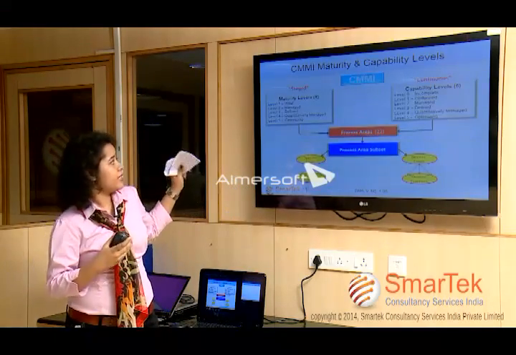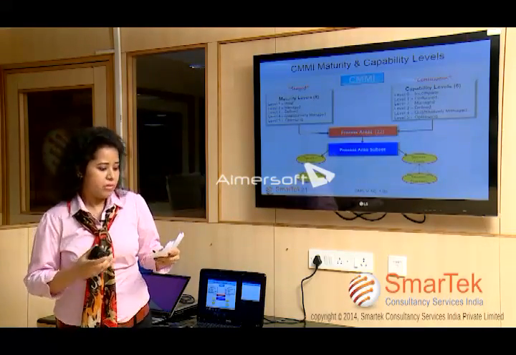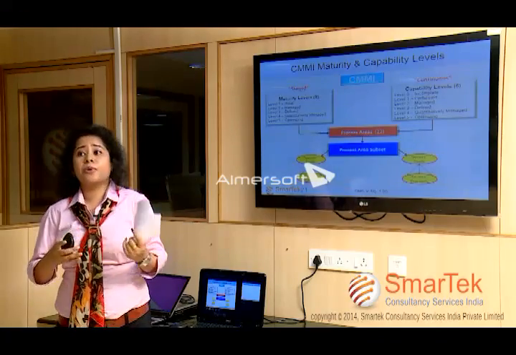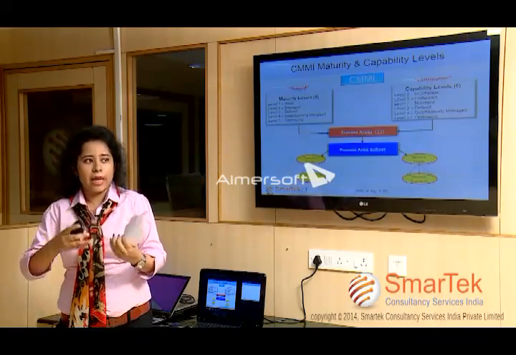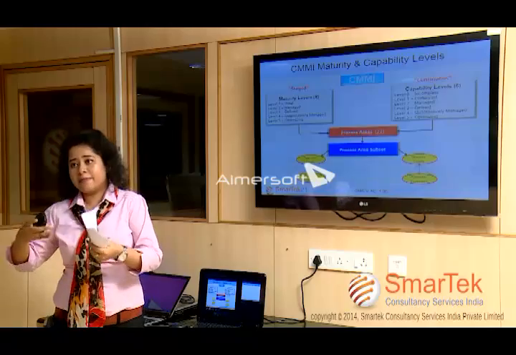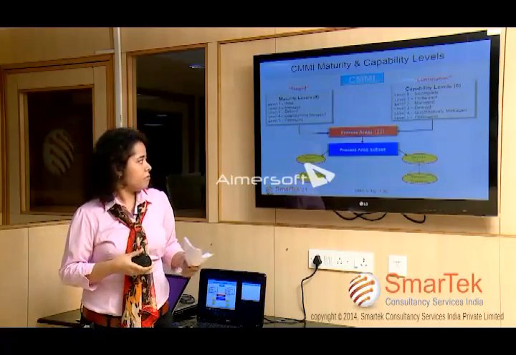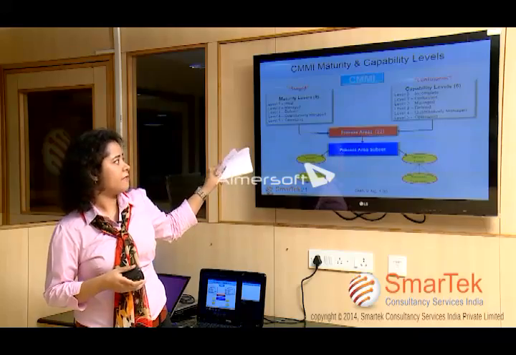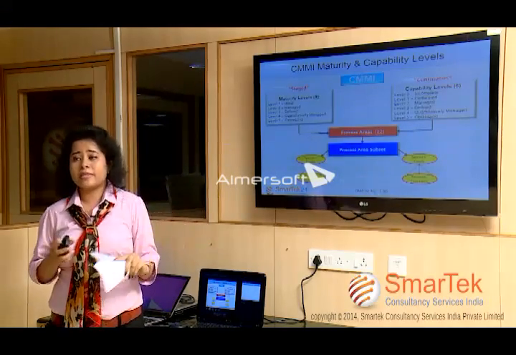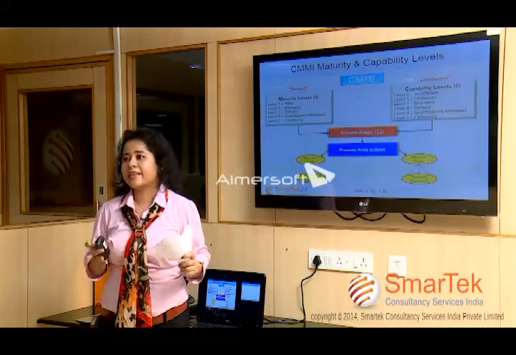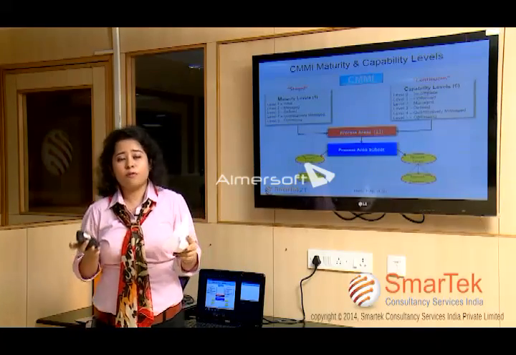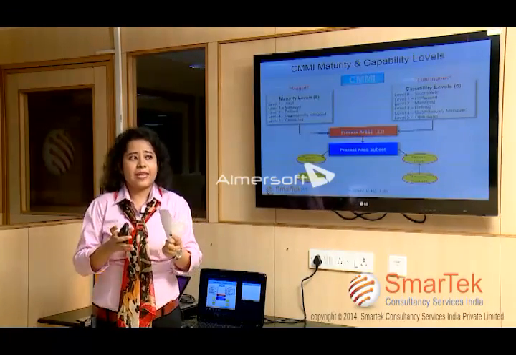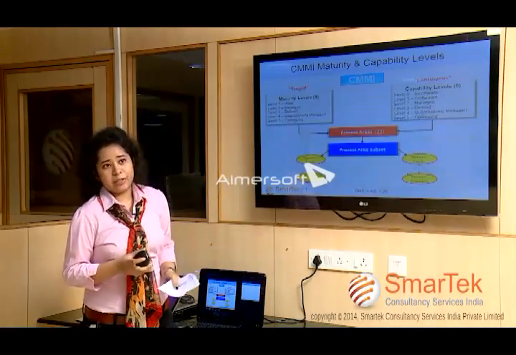It is a staged representation, so there will be different levels, and level by level we'll achieve the certification. Both types of levels comprise process areas. Process areas are nothing but a set of practices or goals which are grouped together to achieve these levels.